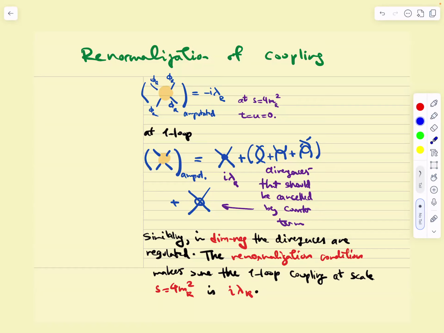Maybe I write it P plus K, that's better. Minus. Why minus? Because of the signature, because you want S to be positive. That's why I wrote the signature.